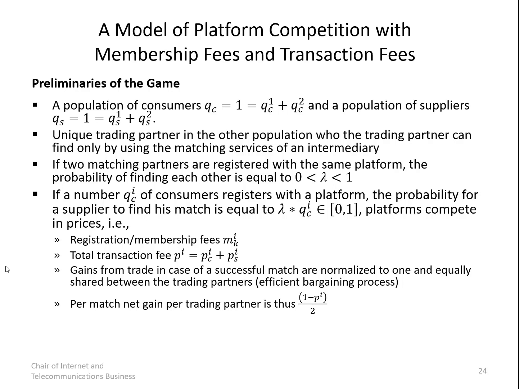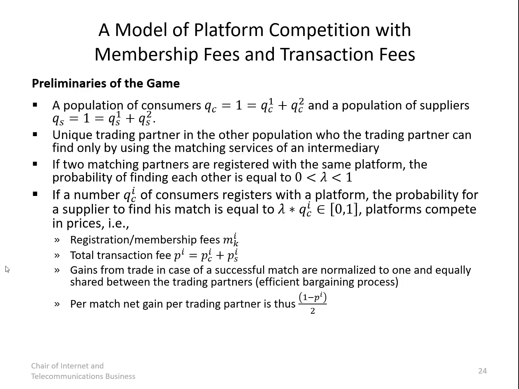If a number Q_Ci, that is the number of consumers on platform i, registers with the platform, then the probability of a supplier finding a match is just equal to lambda times Q_Ci. And platforms compete in prices. So registration or membership fees on platform k are denoted by M_ki.